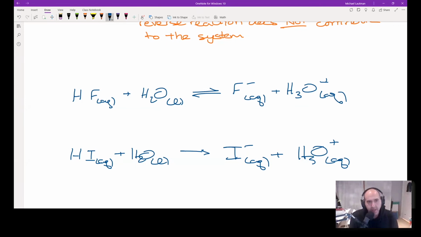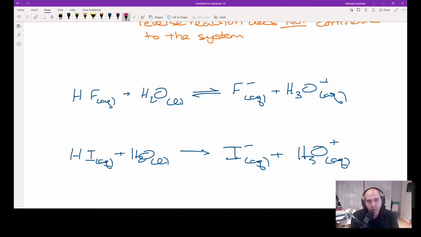So basically, what it comes down to is this. F minus is more reactive than I minus. Right? Remember, stability is basically the opposite of reactivity. So when something is reactive, it's not stable. It's willing to do stuff and change. When something is stable, it's not reactive.